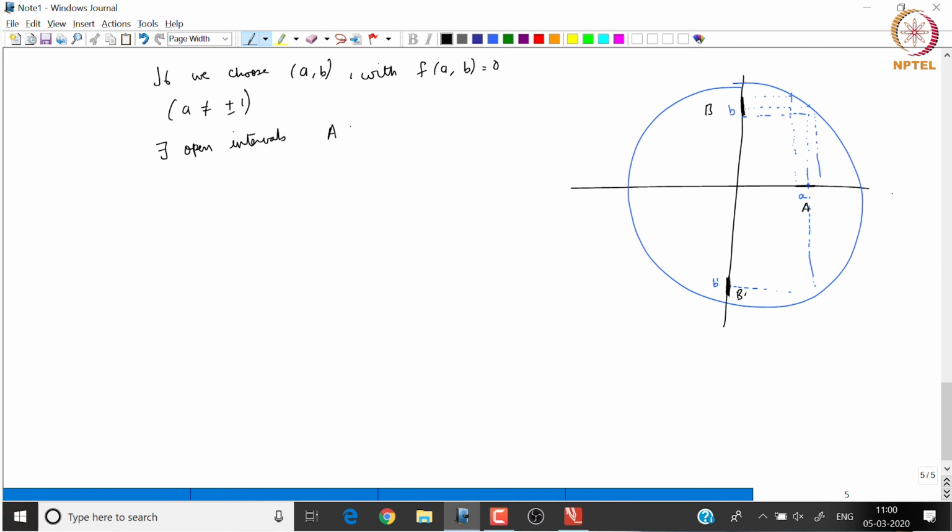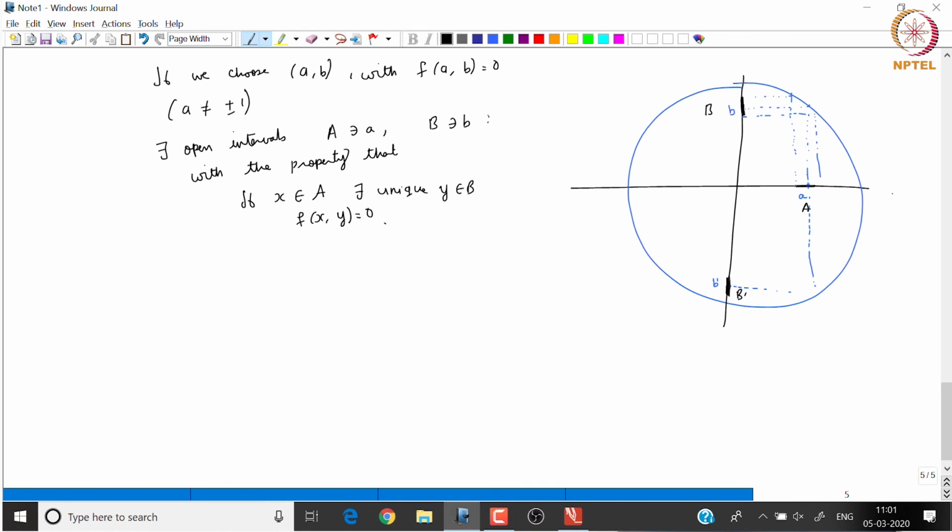A which contain A and open intervals B which contain this small b, such that, with the property that if x is in A, there is a unique y in B such that f of x comma y is 0.